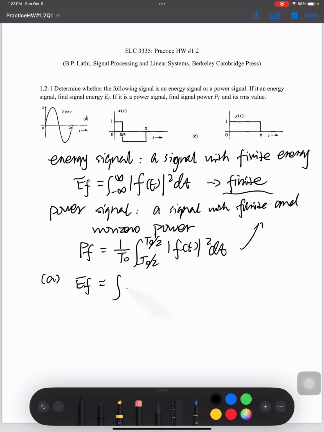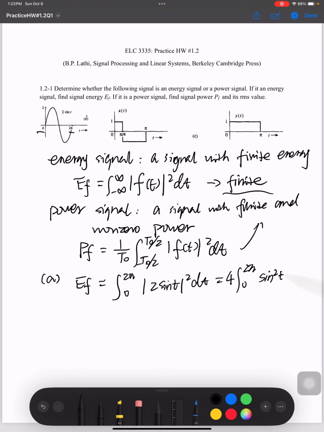Here the range is 0 to 2 pi. So the integral from 0 to 2 pi of the absolute value squared of 2 sine t dt, and we can get 4 times the integral from 0 to 2 pi of sine squared t dt.